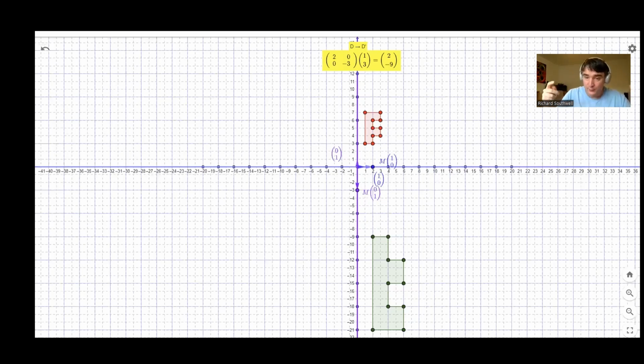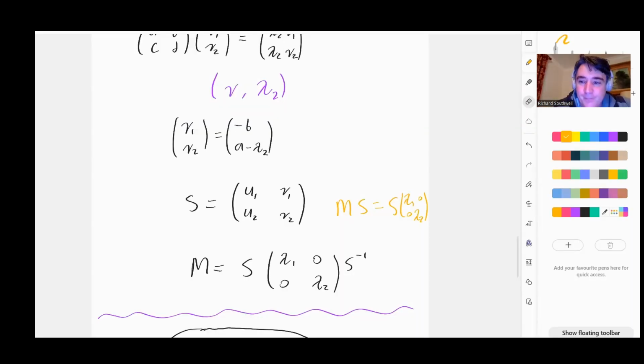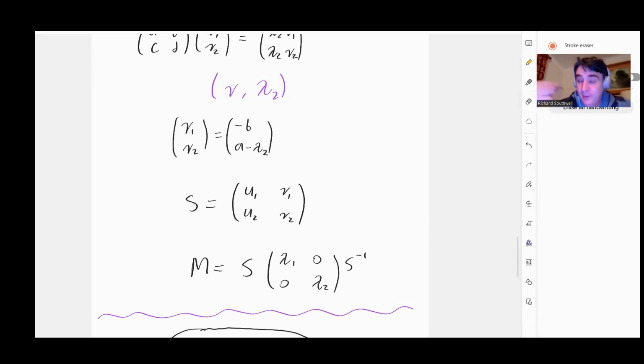It's just warping things along the X and the Y axis. It's flipping things round in the Y axis, and it's making things 3 times taller, and it's making things twice as wide. So that basically is how we deal with this hyperbolic case.